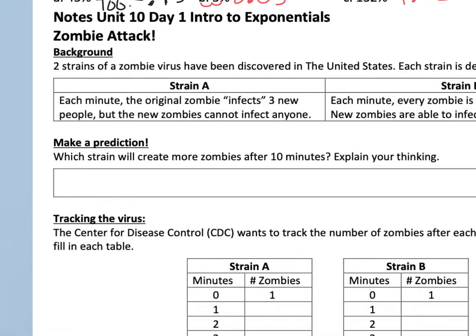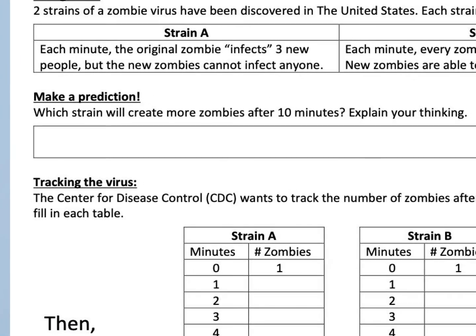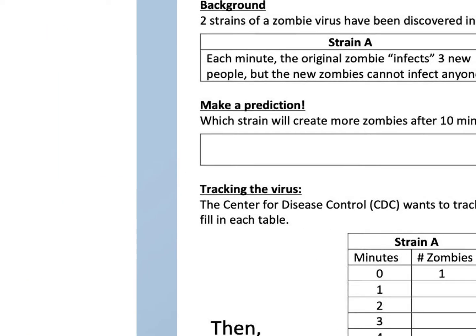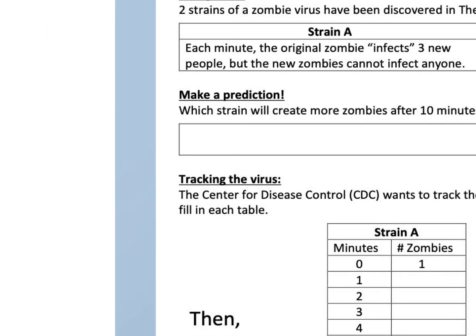So we're going to look at what does an exponential look like by looking at zombies. We have 2 strains of zombie virus in the United States. Strain A says each minute the original zombie infects 3 new people, but the new zombie cannot infect anyone. I'm just going to draw a little picture over here.